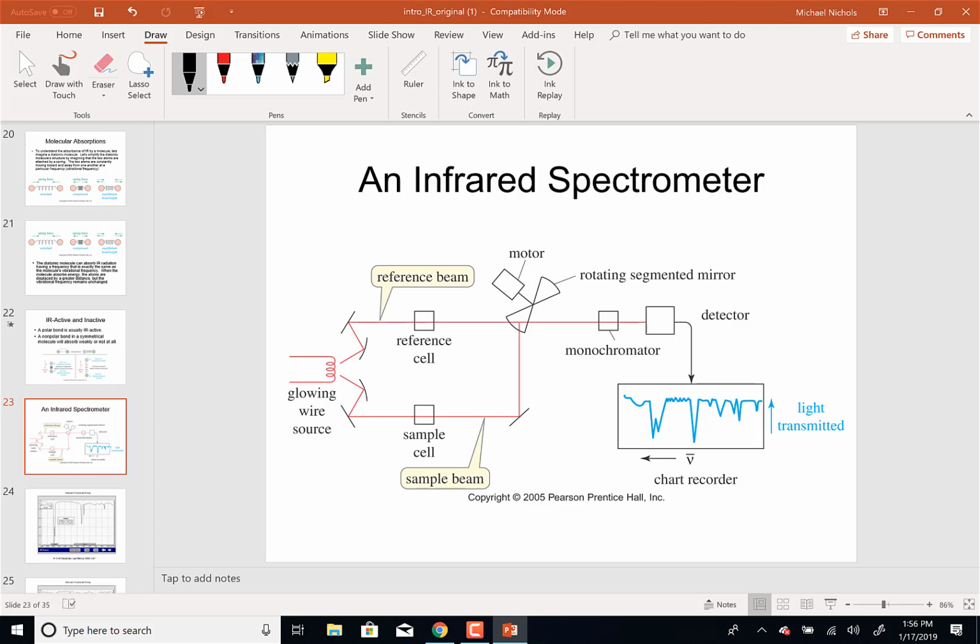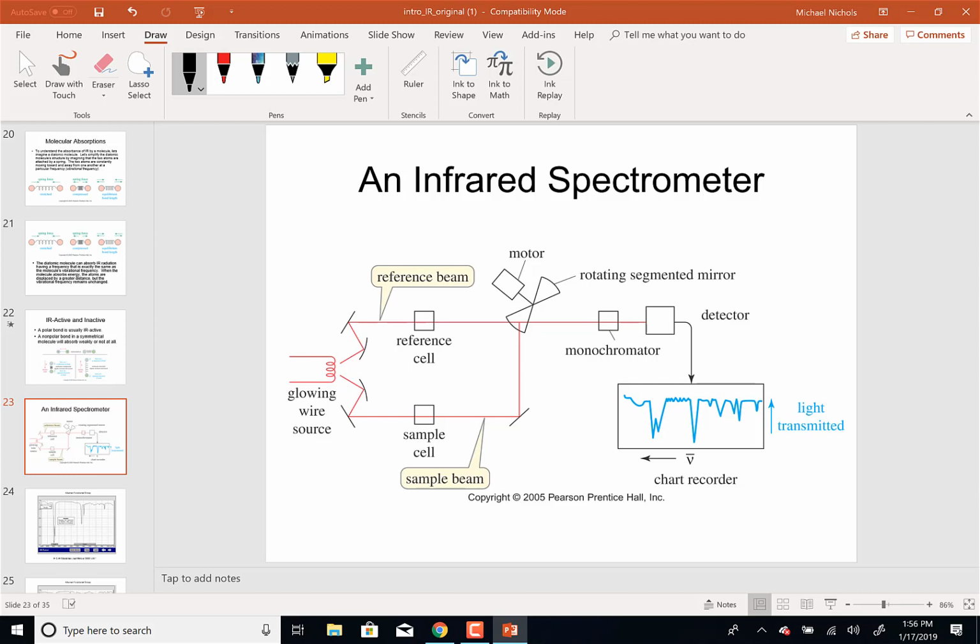But that's what creates the infrared radiation. It also creates visible light, but we're only concerned about the infrared. And then you can use a motor with a mirror. Well, the mirror doesn't do that. It's the monochromator that changes the wavelength.